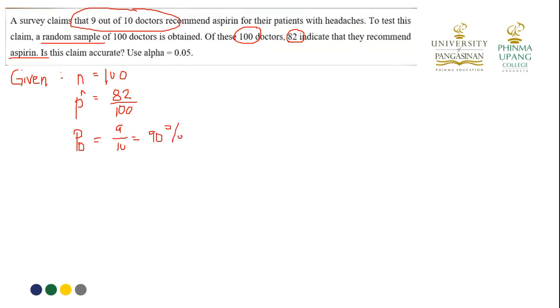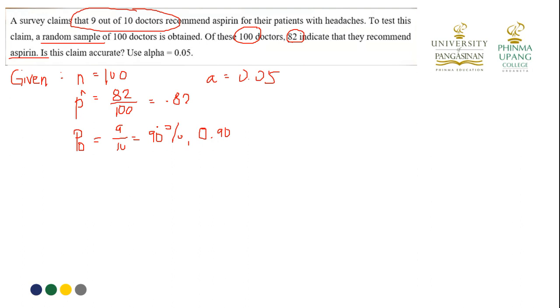Yan. So, P sub naught. Yung 82, kapag dinivide mo yan, since dalawa yung 0, pwede siyang gawing 82% or 0.82 na siya. So, 0.82. Itong 90% magiging 0.90 na yan. Tapos, yung alpha natin dyan, sabi niya 0.05.